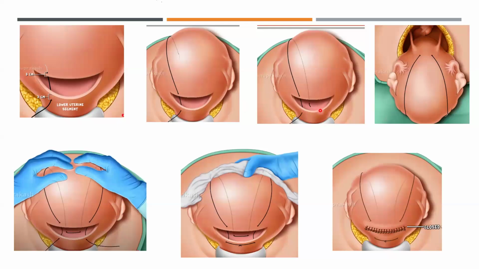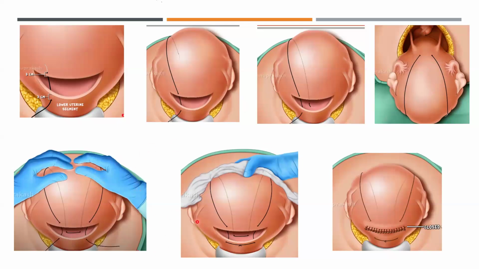Once you've bitten out again, go back in over here. Come back over the uterus and the fundus, bite 3 centimeters above the incision site, go in from inside, bite 3 centimeters again away from the bottom of the incision site and come out.